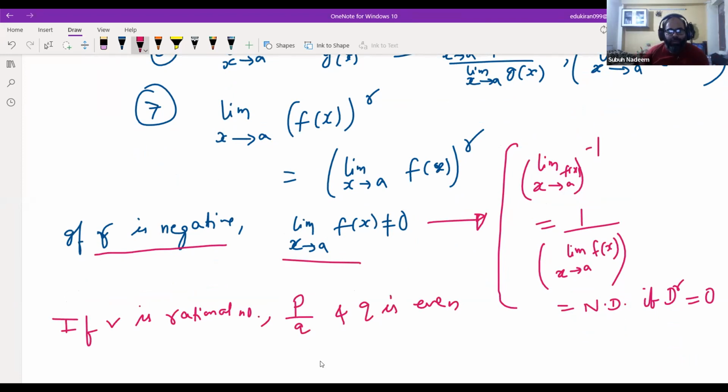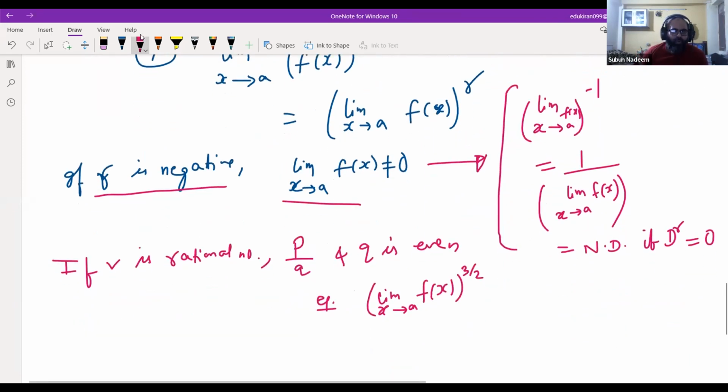But if it is even, for example, if we take the limit as x approaches a of f(x) to the power 3 by 2, this is a square root. And if you take a square root, the value inside should not be negative, because a square root of a negative is not real.